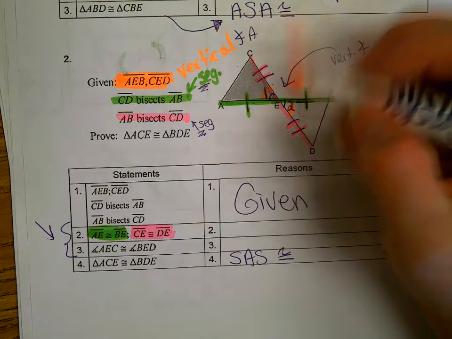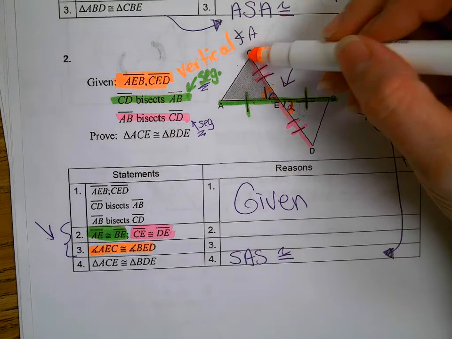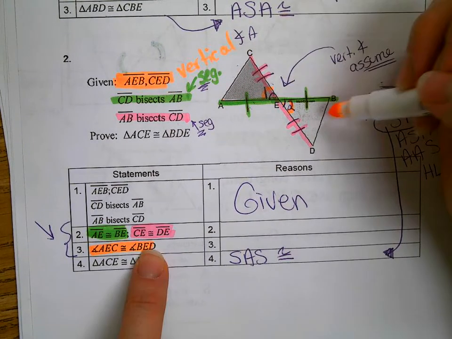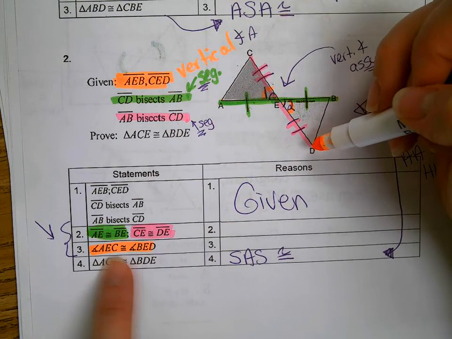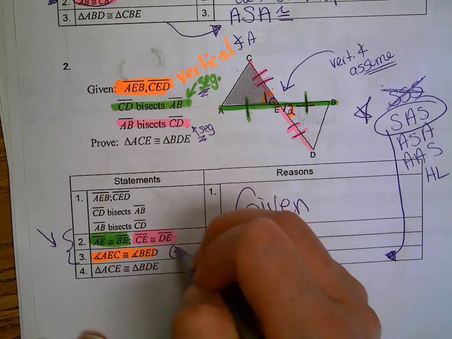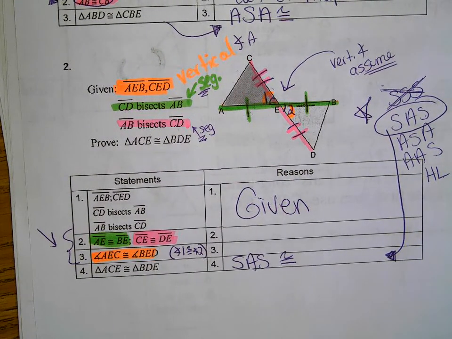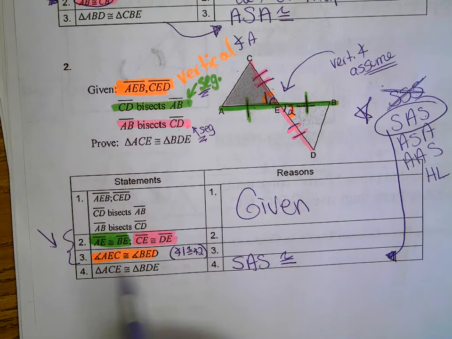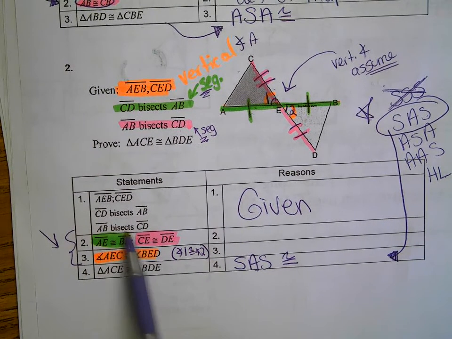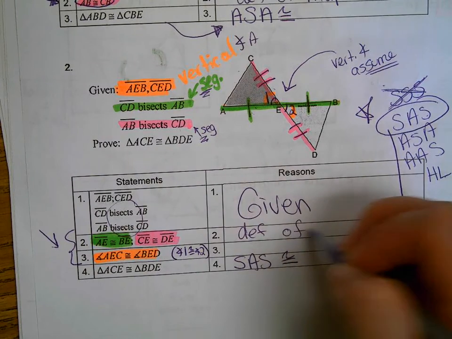And the last bit of information were these vertical angles. Now they used the three-letter combination AEC and BED for angles 1 and 2. Typically, I would have said angle 1 congruent to angle 2 because I like that little shortcut. Okay. But what are those reasons? So why were these segments congruent? Well, we were given a bisector. So this is by definition of bisector.